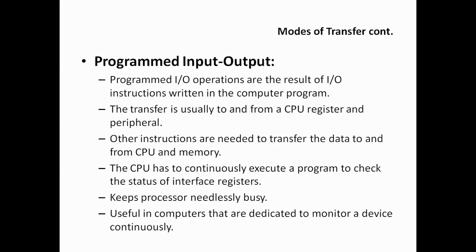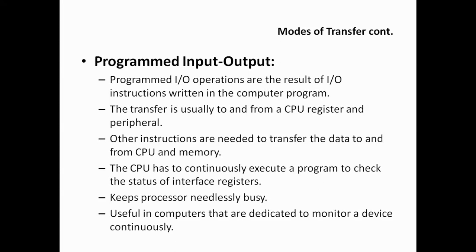So an interface unit has a status register. That status register tells us the status of input output, whether data has been sent or is to be sent. So that status register needs to be continuously checked. So how will we check that using a program?